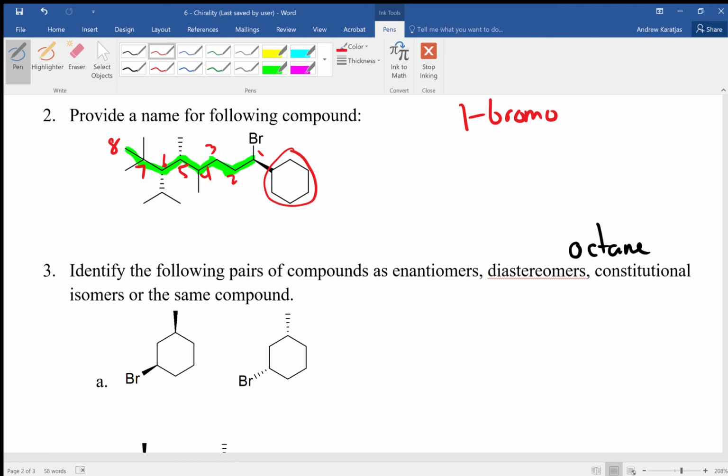But when we have a ring, we treat it the same as an alkane. We just add the term cyclo in front of it. So this has 6 carbons. So it's, instead of hexyl, it's cyclohexyl.